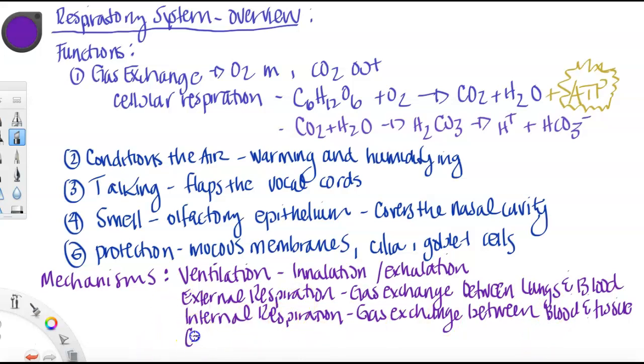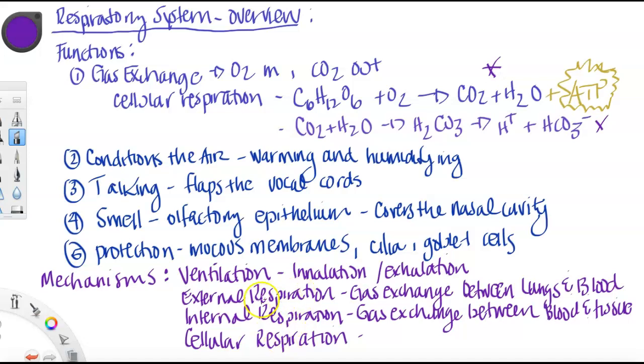And then finally, cellular respiration. All right, so that's this up here. Cellular respiration is the work that's done that utilizes that oxygen and creates that CO2 that we have to get out.